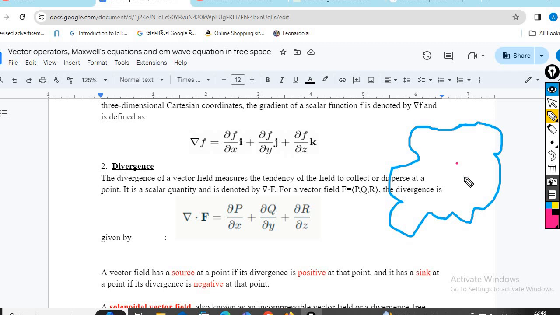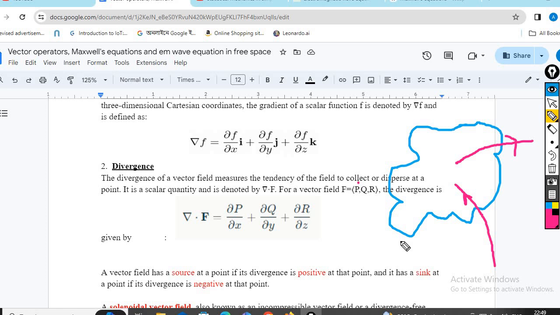The simple way one can think about whether there is an outward flow, dispersal, or whether there is an inward flow, the collection. So if you think about a field, some flow of water, some heat field, you can think about electric field, you can think about magnetic field.